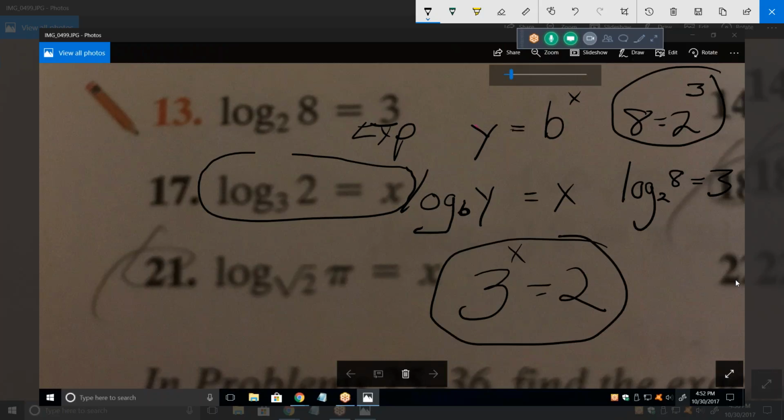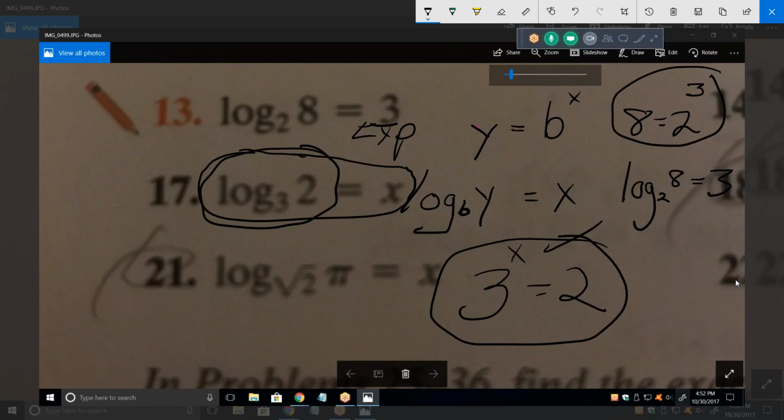We have no idea how to solve that, but the way you solve it is with logs. You would convert it to a logarithmic expression, and you would get what they've given us in 17: x is equal to the log base 3 of 2. You can get that number out of your Inspire.